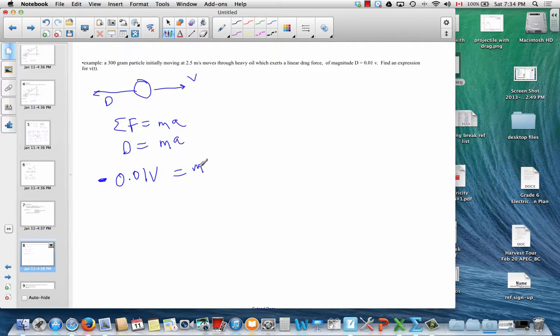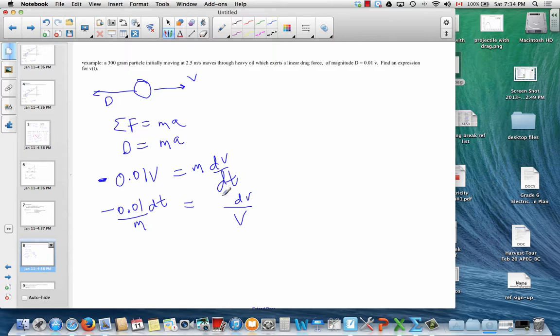To solve this equation, we're going to write acceleration as dv/dt, and then we're going to separate variables. So we're going to cross multiply the time upwards, and then divide by the mass. The dv is going to stay there, and we're going to cross multiply the v downwards. So we get this relationship here.